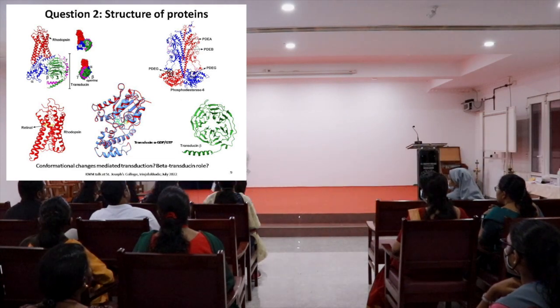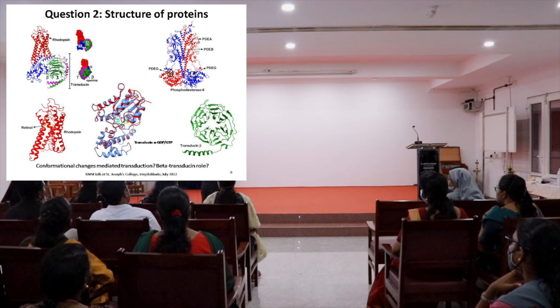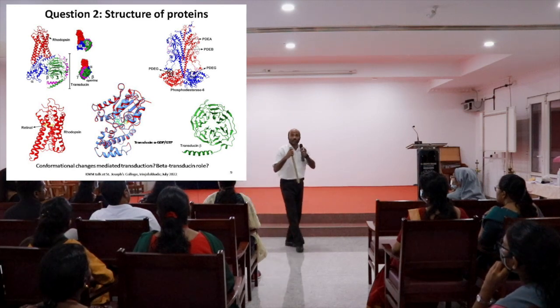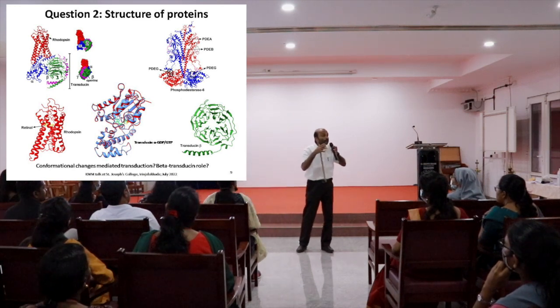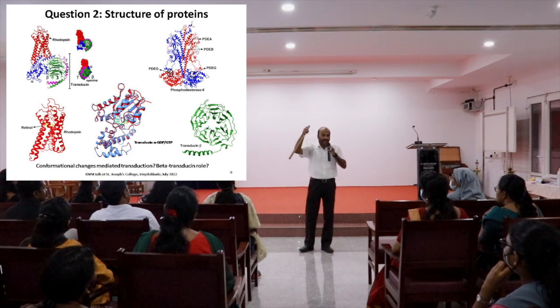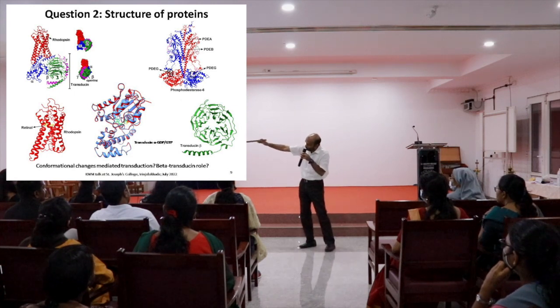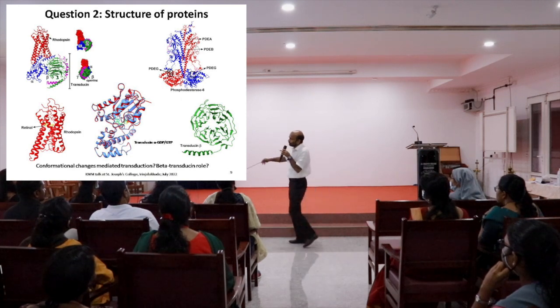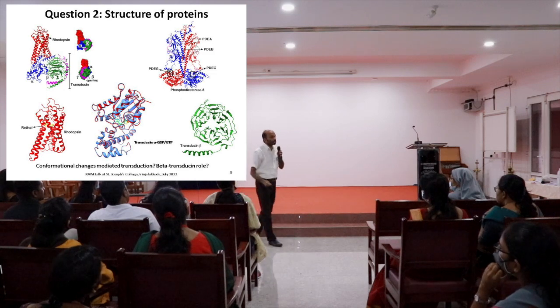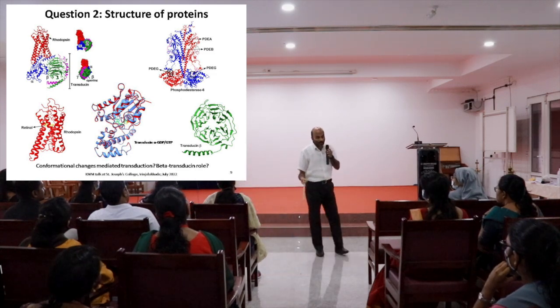You see, the classical theory holds that the alpha module of transducin undergoes a conformational change. When the light hits and the retinal comes out of the rhodopsin, it goes through a transformation. These are the GDP bound and GTP bound forms, guanosine diphosphate, guanosine triphosphate.